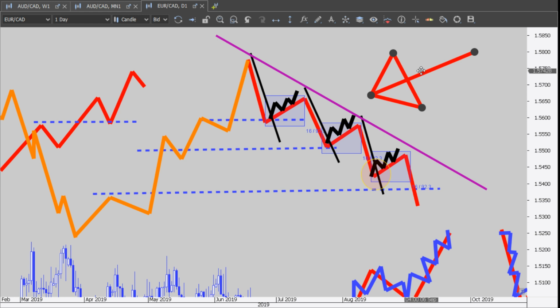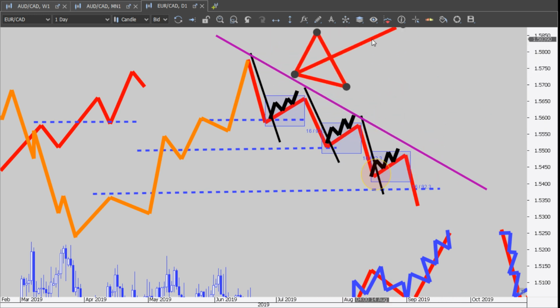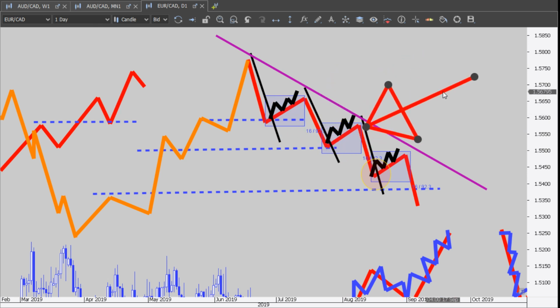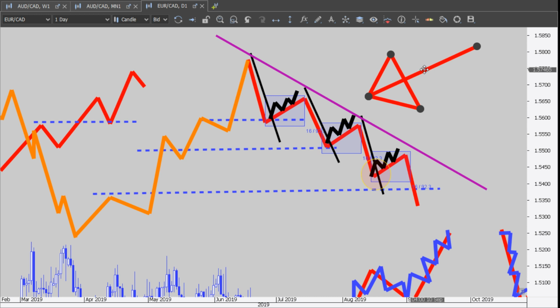When we talk about probability, what has the higher chance of success? Trading extensions in a downtrend or trading retracements in a downtrend? You can say extension, you can say retracement, right? You can say I don't know, you can say both.